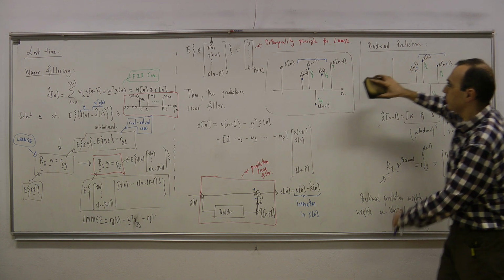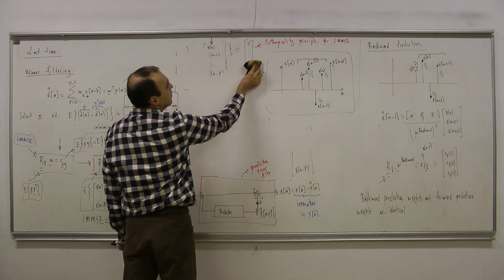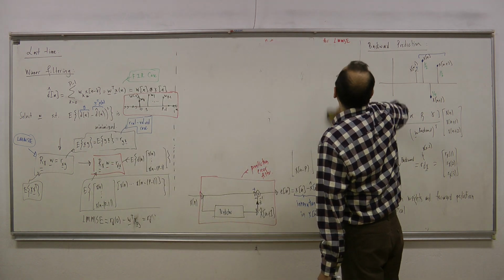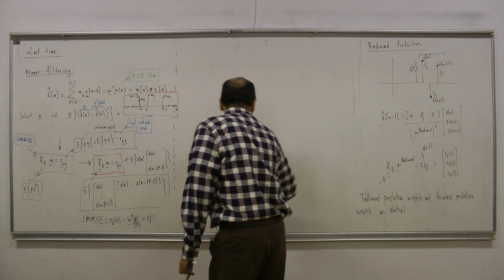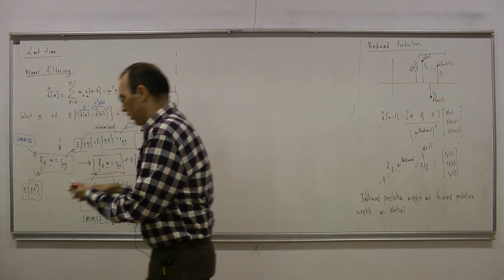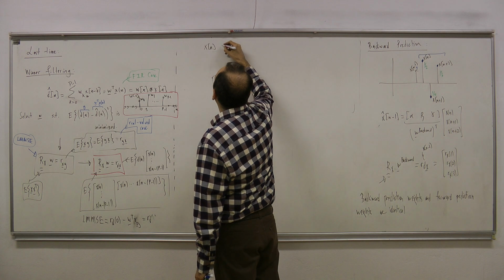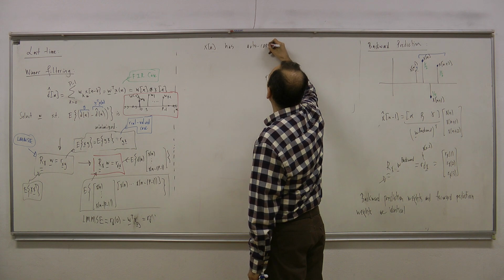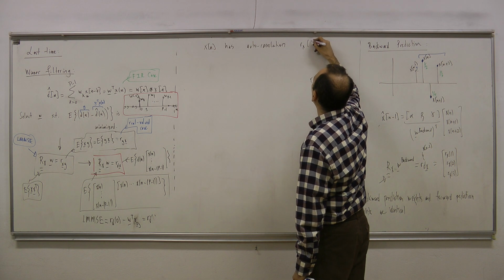So how can I, well, this is obvious from this equation system. If you write this equation system, actually we have written it, but how can I see this one maybe in a different way? Well, let's say that the x of n process has, let's say, autocorrelation Rx of k.